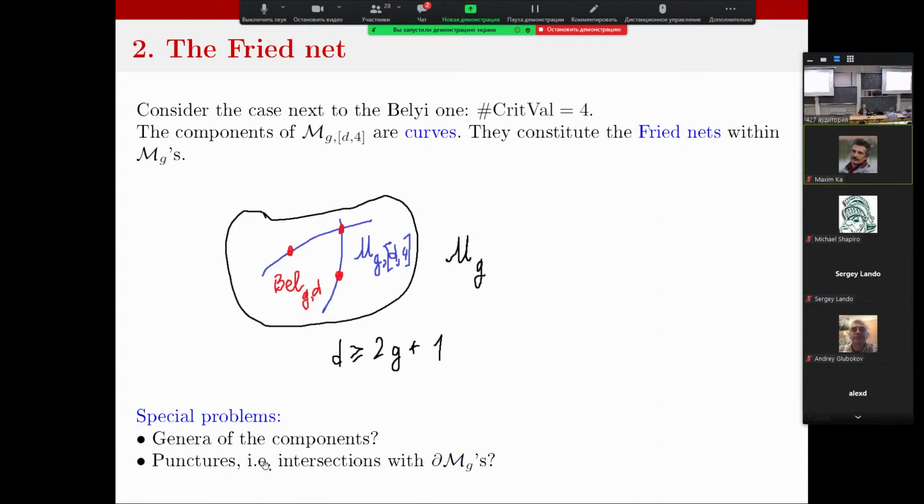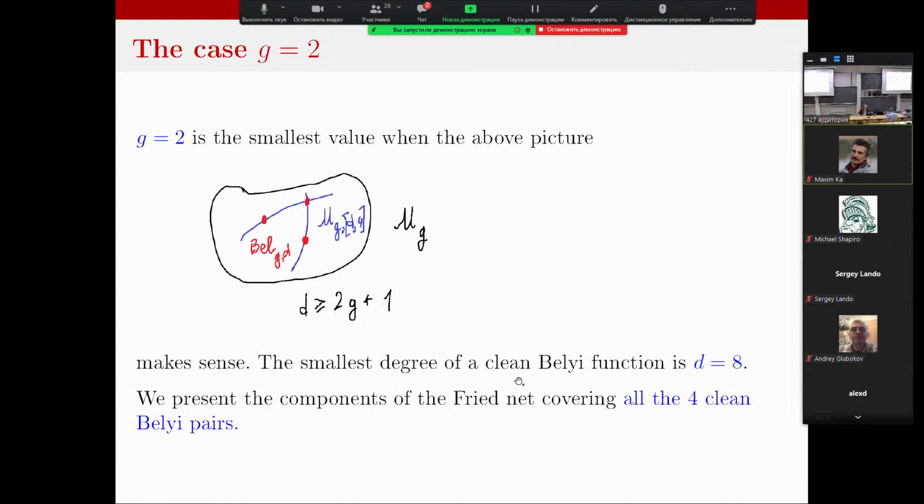The punctures of the curves mean just the intersection with the boundary of moduli spaces. Also, this is an object very well studied in general during rather many decades, but with rather small concrete results about the objects we are discussing now.